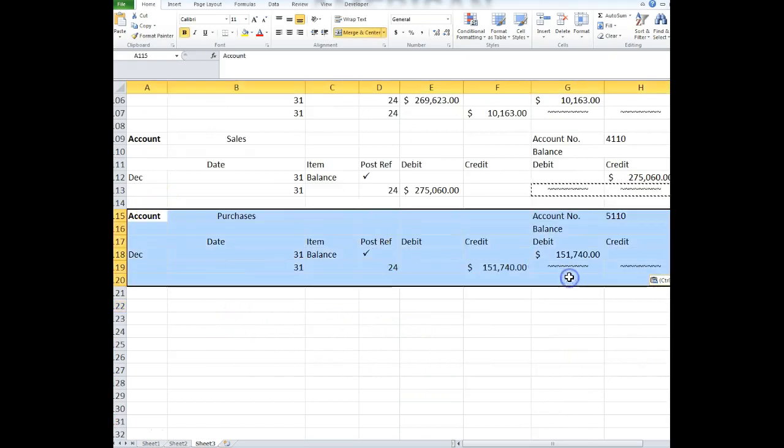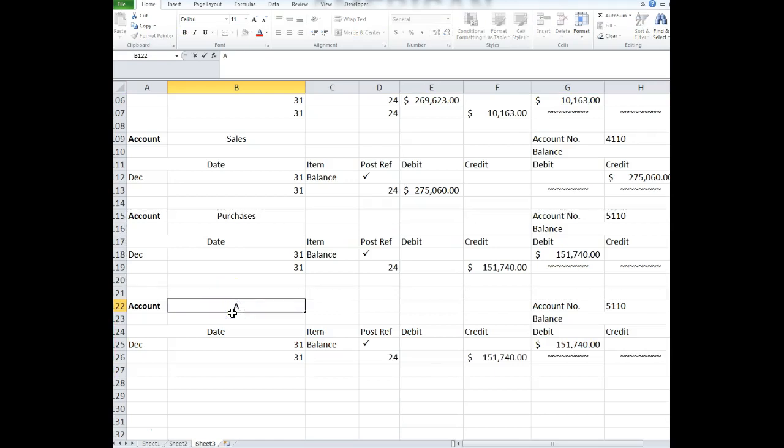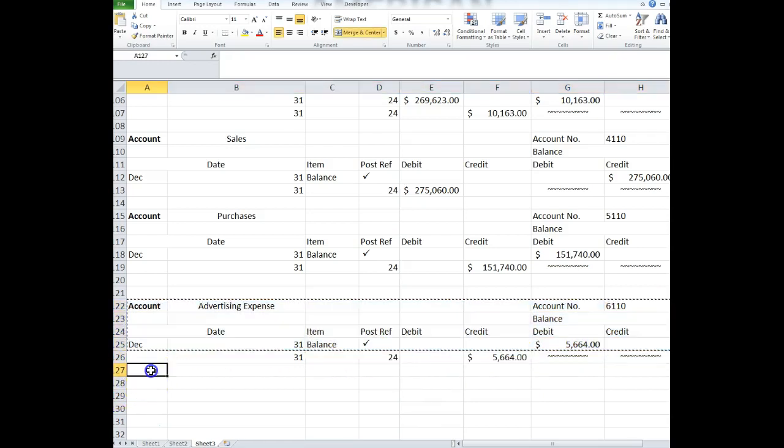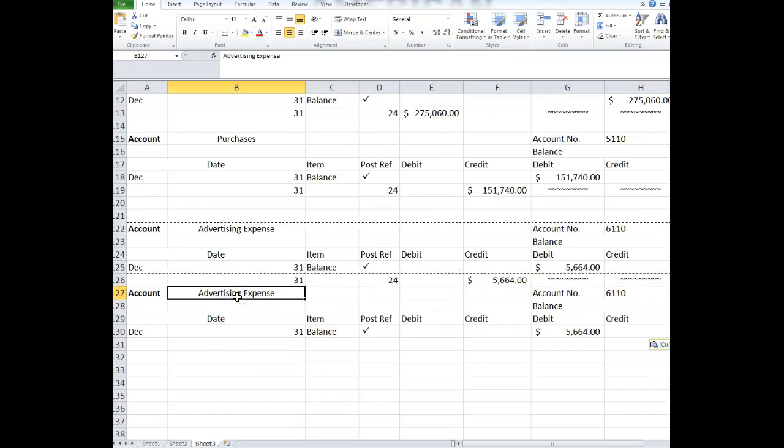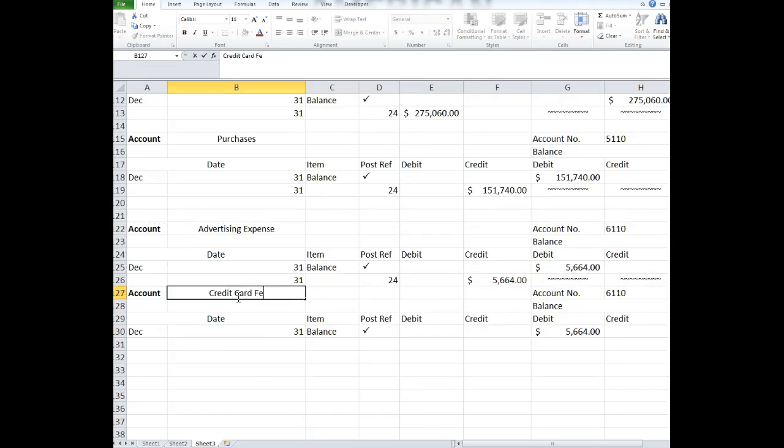Advertising expense is 6110. Our balance is what for advertising expense? Okay, next is credit card fee expense.